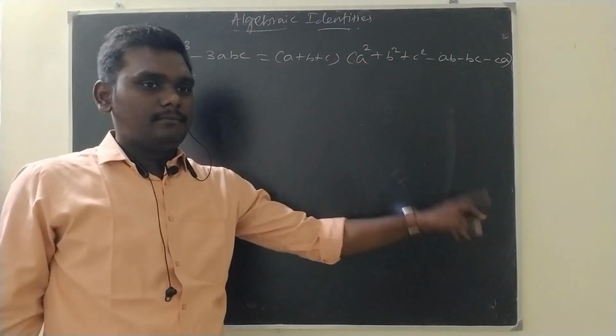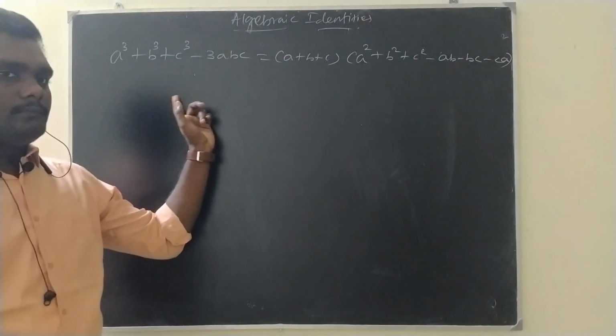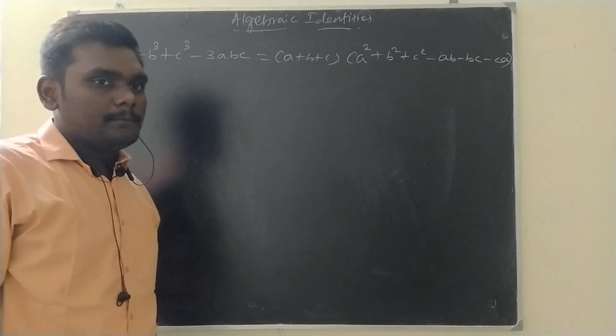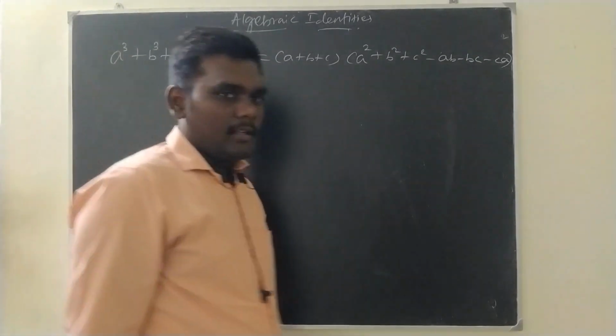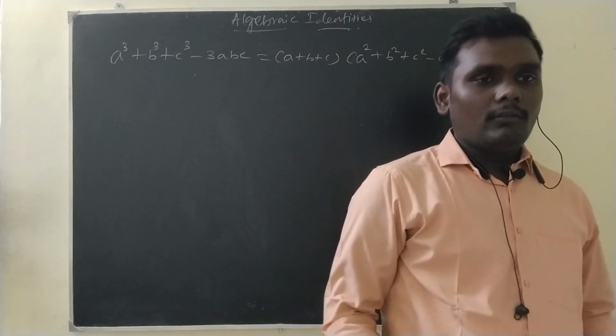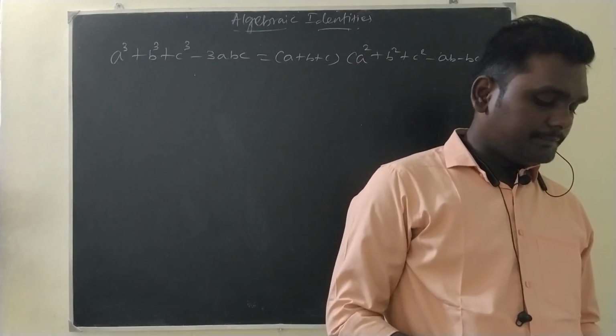That is it. Simply when you multiply this inside, you will get a³ + b³ + c³ − 3abc as your answer. This is one kind of special identity. Now using this, we are going to solve some questions from your exercise.